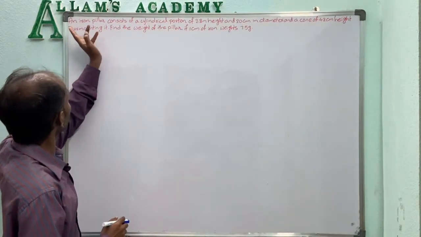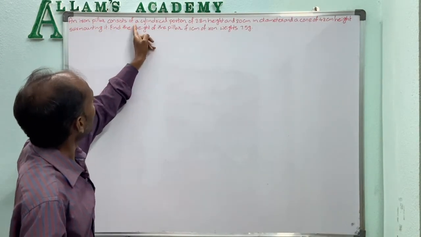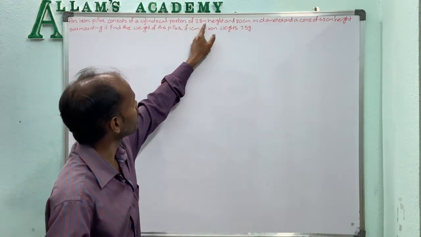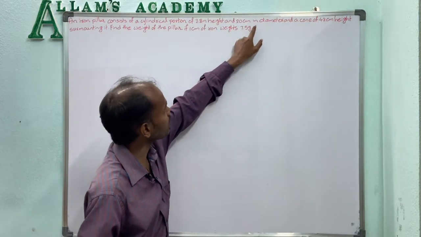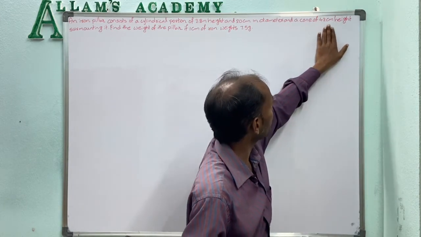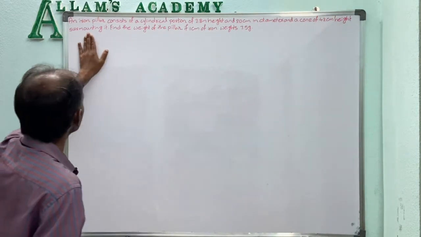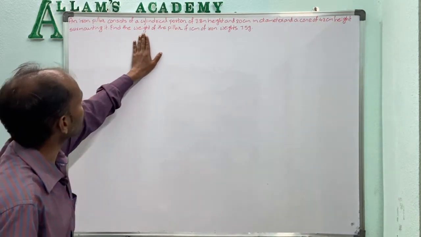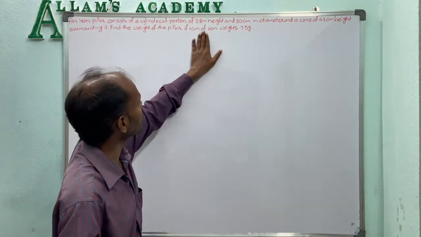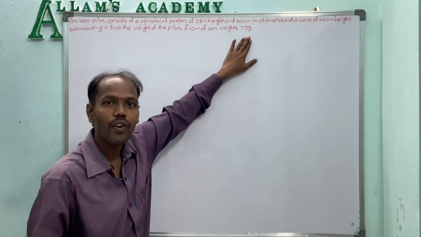The given problem is: an iron pillar consists of a cylindrical portion of 2.8 meters height and 20 centimeters in diameter and a cone of 42 centimeters height surmounting it. Find the weight of the pillar if 1 centimeter cube of iron weighs 7.5 grams.